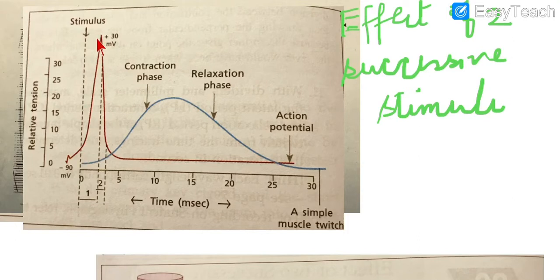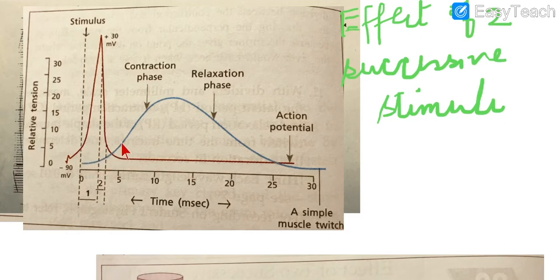This is depolarization, this is repolarization. The absolute refractory period is the entire depolarization and the initial one third of the repolarization, and from the end of that one third to the complete end of the repolarization is the relative refractory period. So this entire absolute as well as relative refractory period falls in which phase of the mechanical event? In the latent phase, right?